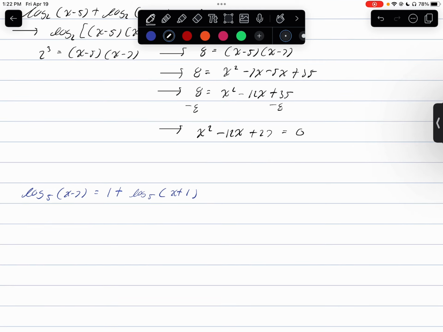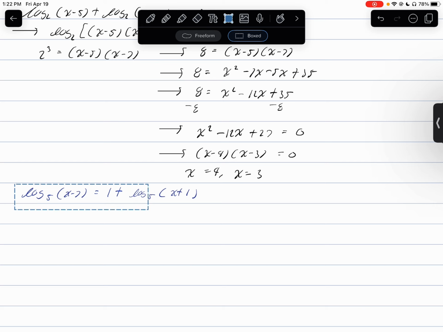So we can do -9 and -3 for our factoring here. So that'll give us x minus 9 times x minus 3, because -9 times -3 gives us positive 27, and -9 plus -3 gives us -12. So this is going to be equal to 0. And therefore, our two potential solutions are x equals 9 and x equals 3.